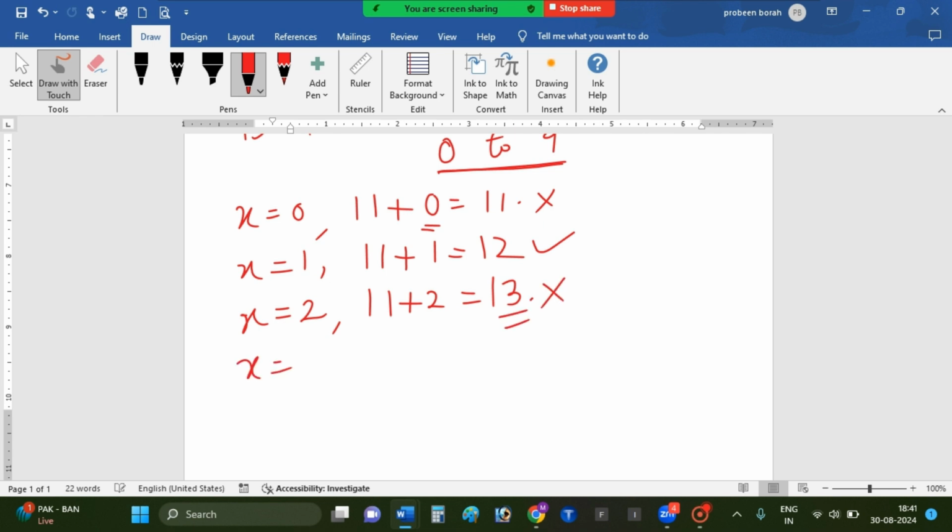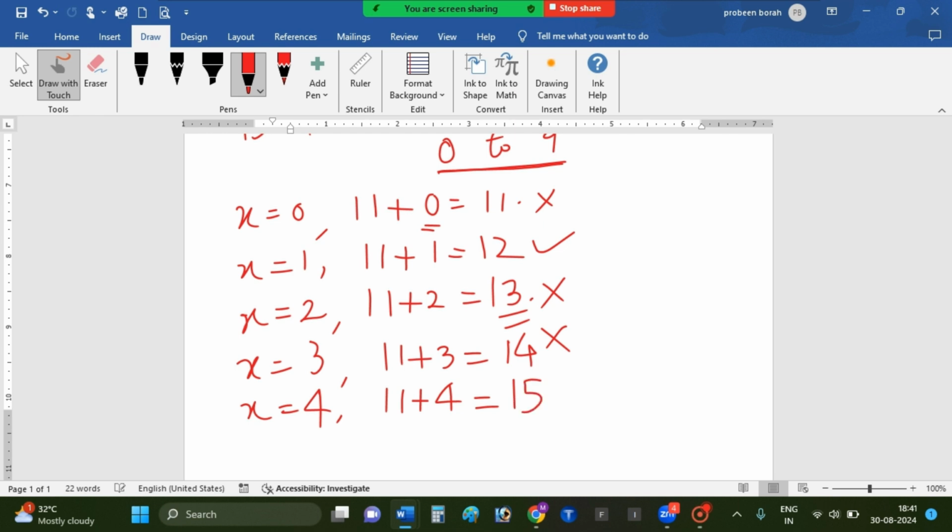X equal to 3, 11 plus 3 will be 14. Is 14 divisible by 3? No. Let's put x equal to 4 here. X equal to 4, 11 plus 4 is equal to 15. Is 15 divisible by 3? Yes.